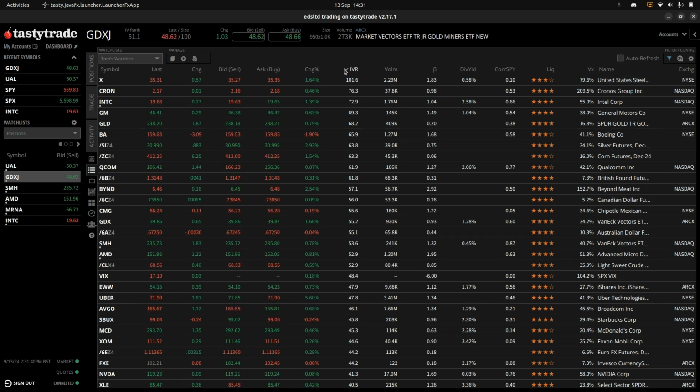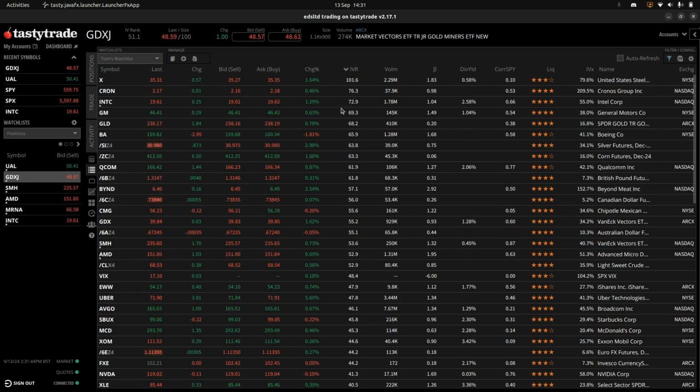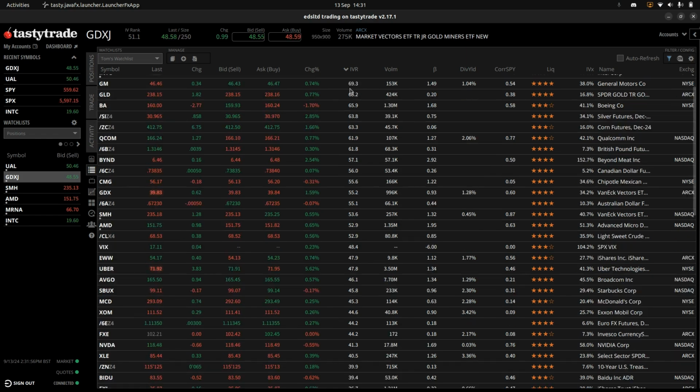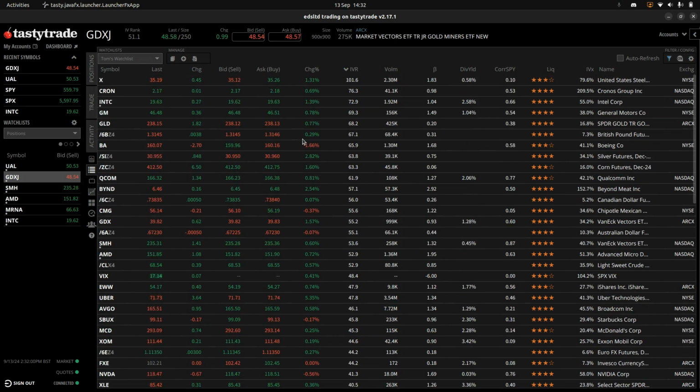Now we can order everything from high to low IV rank. The reason why we do this is because we want to sell volatility. Volatility contracts most of the time in the market, so we want to be selling when volatility is high and then playing the contraction. What we want to do at this point is make sure we're above 50.